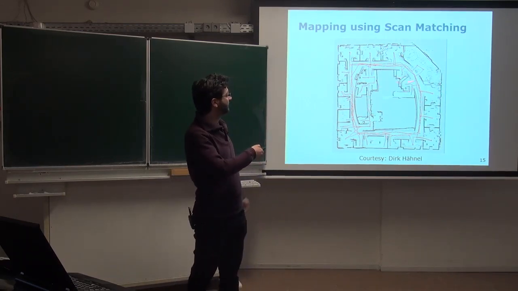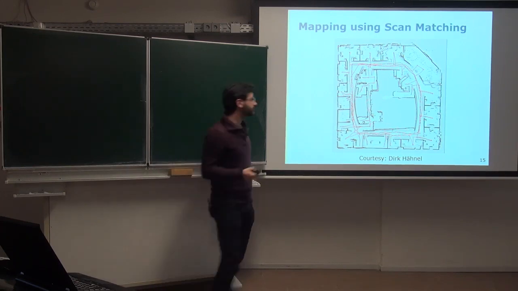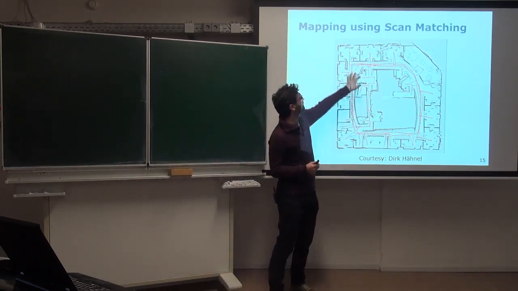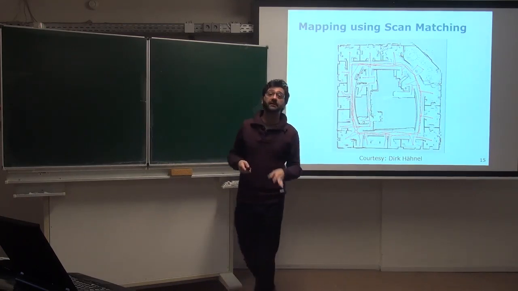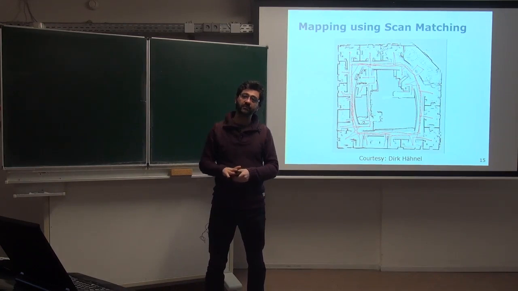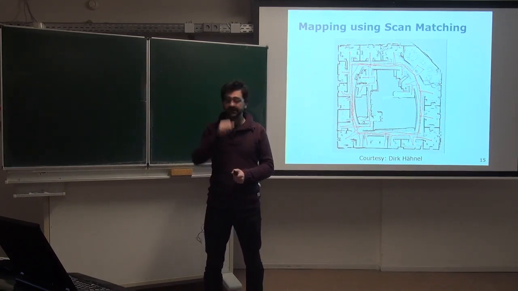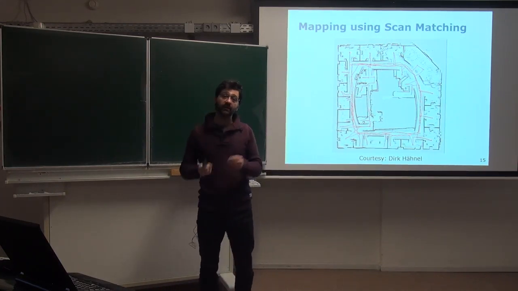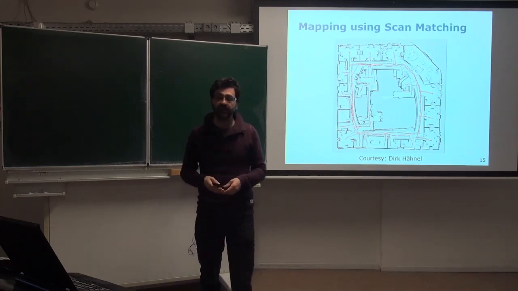We still have some inconsistency here and there. Up here, for instance, this should have been the same part of the environment. Down here is the same. But we see that locally, these are actually quite nice. And if we use this as improved odometry for our proposal distribution for our sampling, we get way better results.